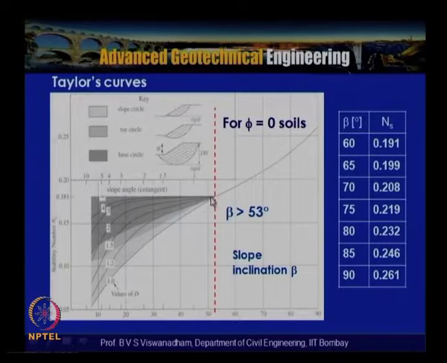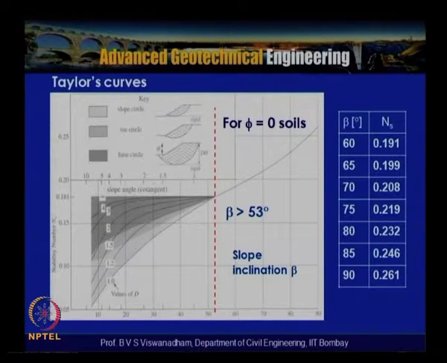For different inclinations like 60 degrees, the stability factor is about 0.191, and for 90 degrees it is about 0.261, that is for the vertical cut. So 1 by 0.261 into C by gamma is nothing but 3.81 Cu by gamma, which is equivalent to the critical height of a slope, 4C by gamma.